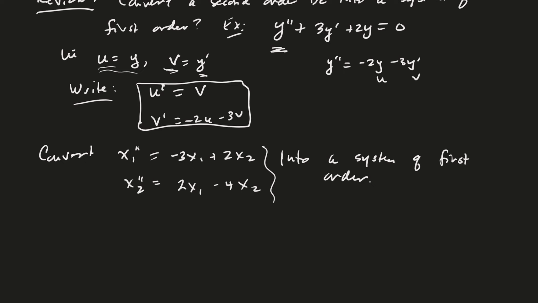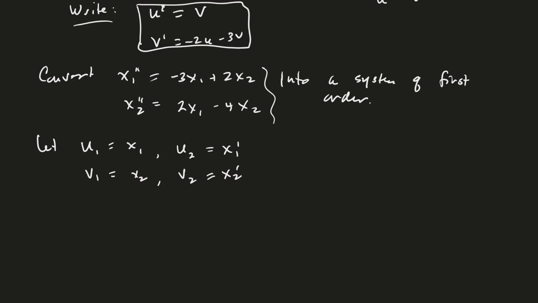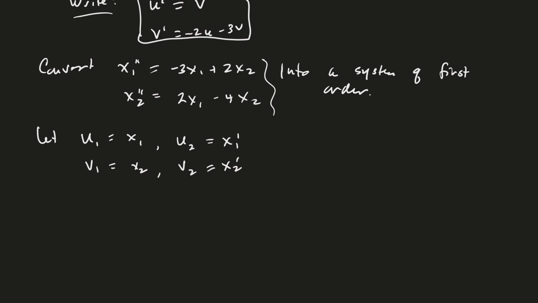So for example, we might let u1 be equal to x1, u2 be equal to x1' if you like, and then we would take v1 be equal to x2, and then v2 is equal to x2'. And so notice how many differential equations we're going to have. Now we're going to have a system of 4, and so now it's going to be u1', u2', v1', v2'.